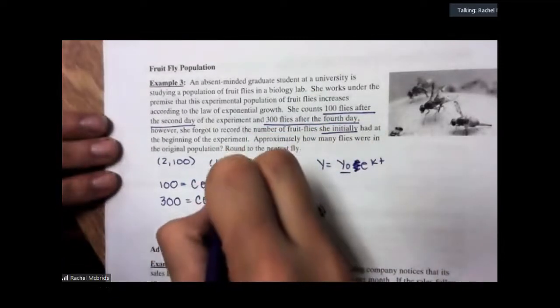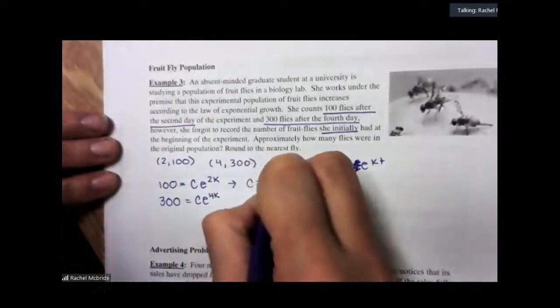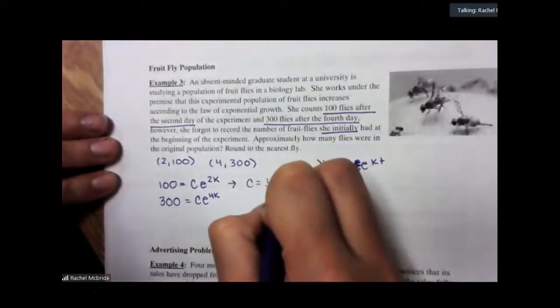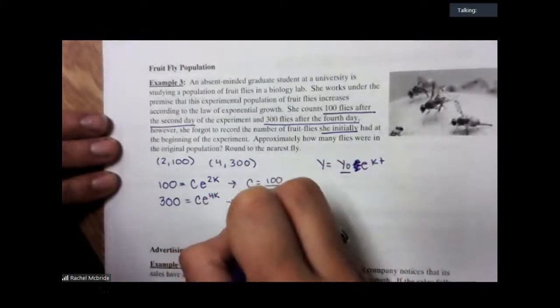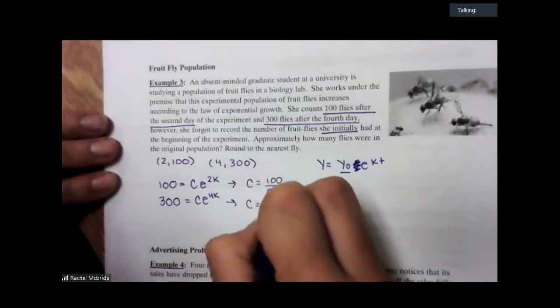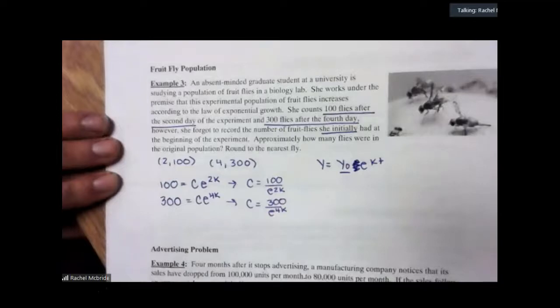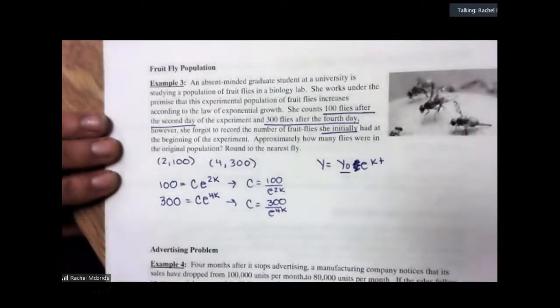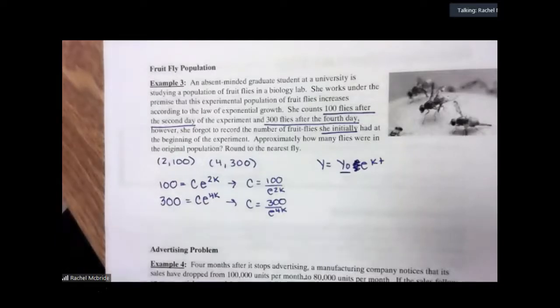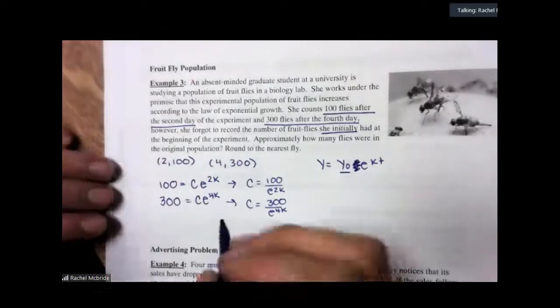So what I would do is solve each of these for C. And then you could do a system of equations where you either eliminate C or you substitute one with the other by setting them equal.